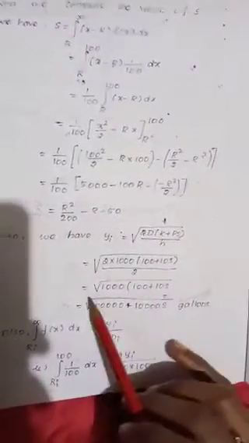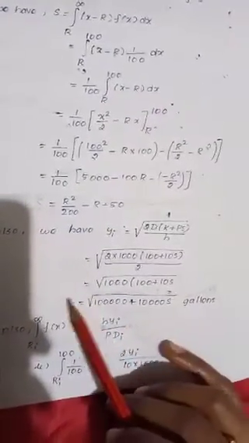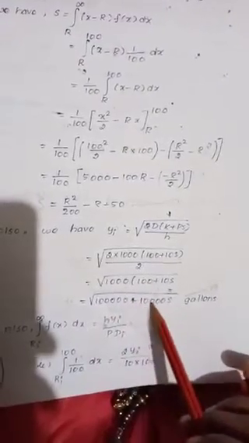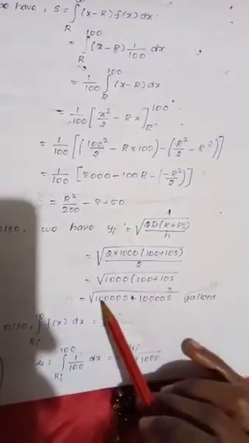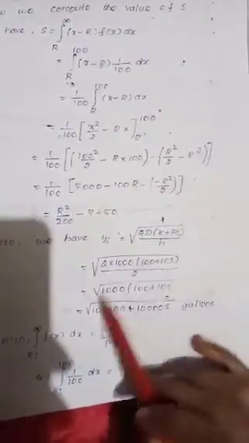The value of s we do not know. Therefore, y_i is equal to root of 1000 into 100 plus 10 s. This is equation number a.